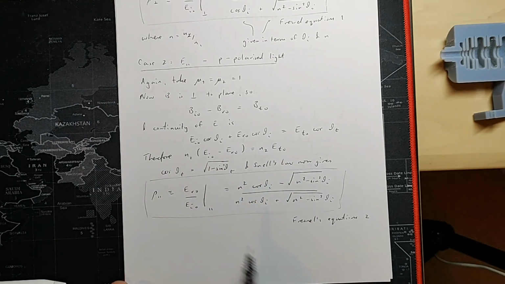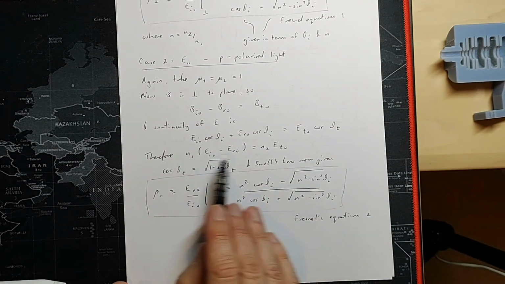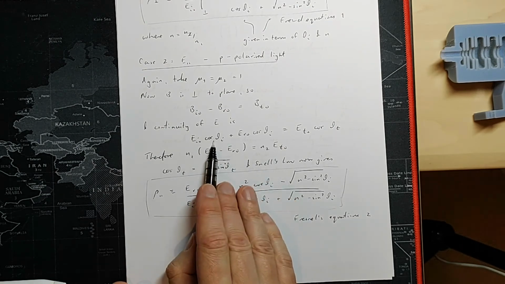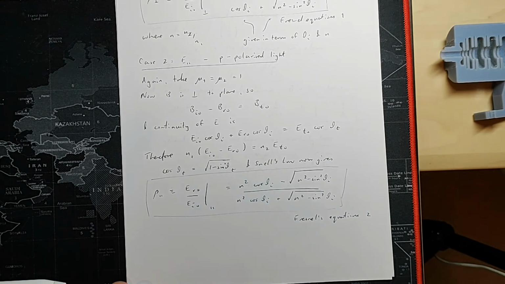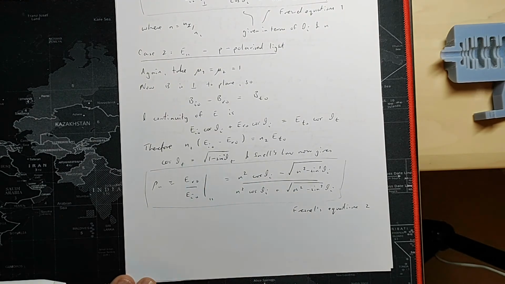So again, by combining these together, and knowing that I can relate the electric fields in this way, because of the angles of incidence, I can obtain this equation. And applying again Snell's law and this sine squared plus cos squared relation, I can obtain another one of Fresnel's equations, but this time for the parallel component of the electric field.